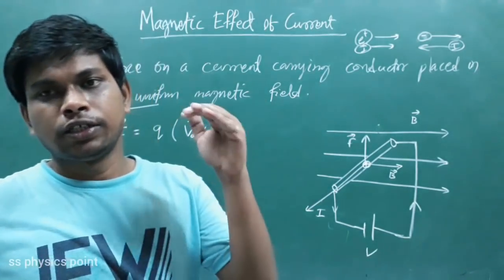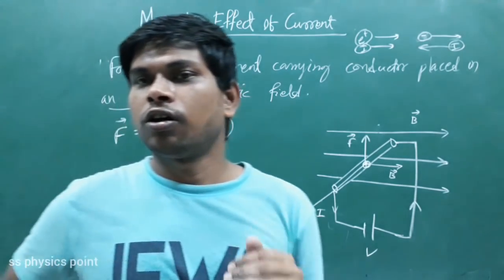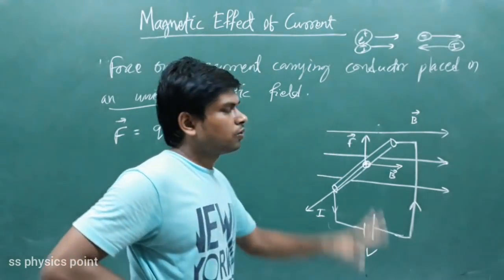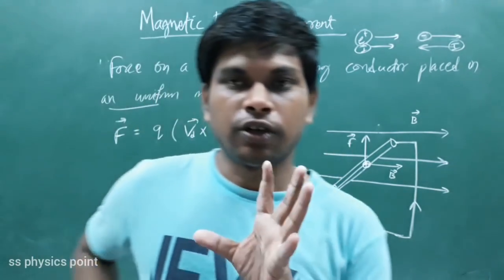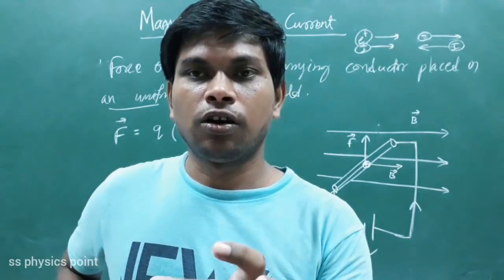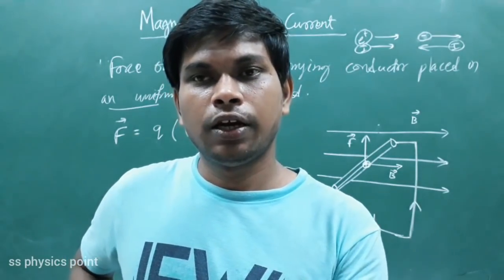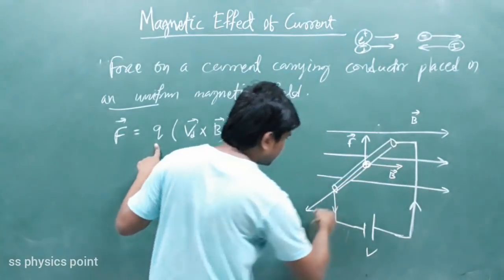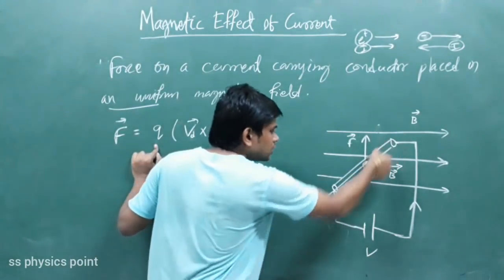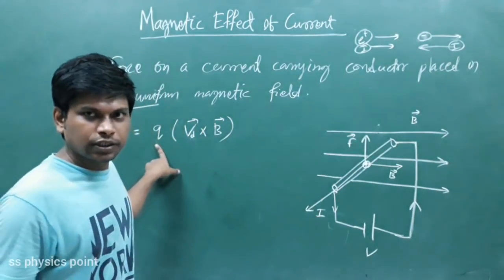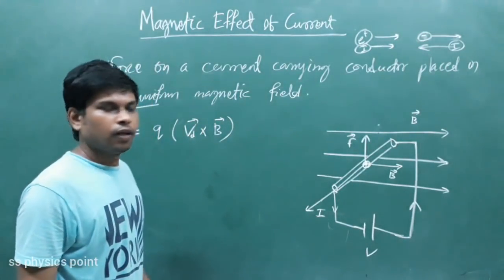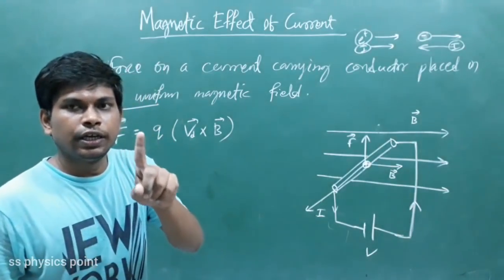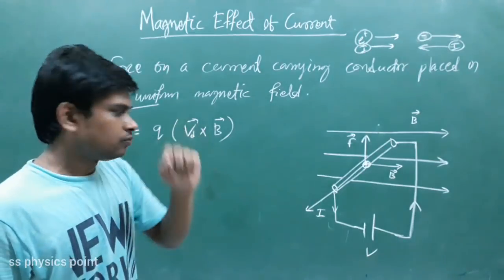We have already studied at the start of current electricity that the average velocity of the electrons or charged particles in a conductor is known as drift velocity. As you are taking a number of charged particles, you should take drift velocity, not V. V is only for a single charged particle.